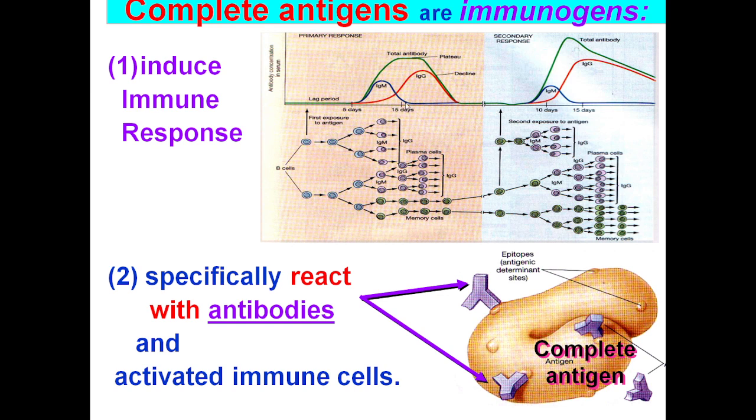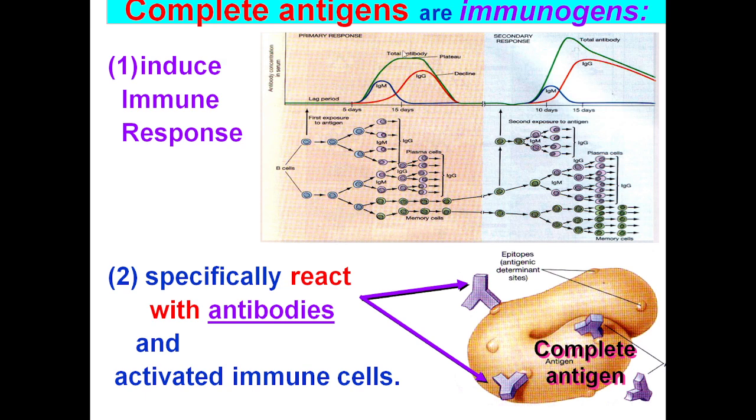They form the blue peak on the graph in the upper part of the slide. At the same time, other B lymphocytes continuously replicate and produce their progeny that finally also mature into plasma cells, and these second line plasma cells produce immunoglobulin class G. The curve that shows the accumulation of immunoglobulin G is red.